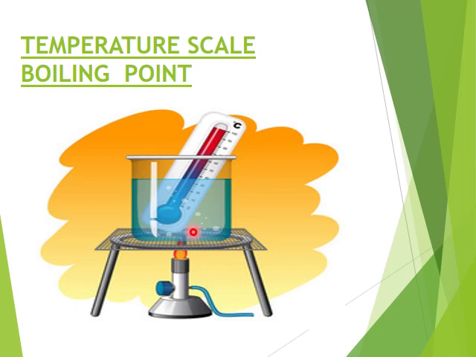Keep the bulb in boiling water for at least a minute and mark the new level of the mercury as 100 degrees centigrade. This 100 degrees centigrade is called the boiling point of water. In this way you can mark the freezing point and boiling point of water on the glass tube of a thermometer.